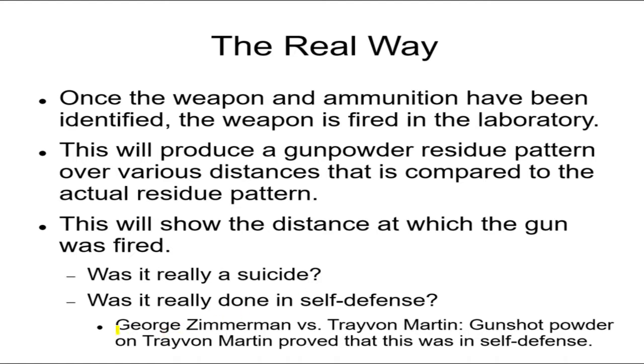Now, here's an interesting case of George Zimmerman versus Trayvon Martin. The case was where there was a gated community, exclusive gated community, and George Zimmerman was, I think, a volunteer. He volunteered to patrol at least a part of it, and he came across someone called Trayvon Martin, who he realized quickly enough did not belong in this gated community.